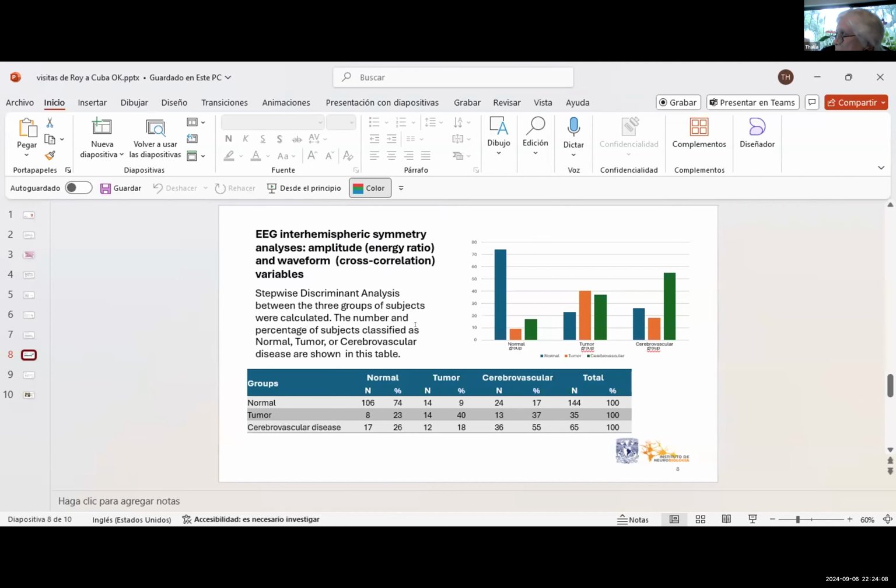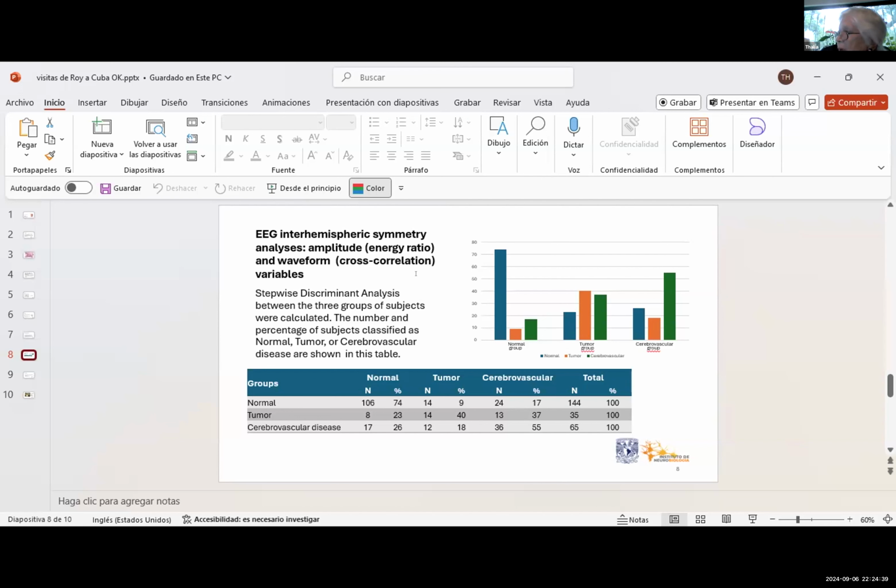The results of this discriminant analysis, which is stepwise, work like this: it takes out the subject that is going to be classified and calculates the discriminant equation with the remaining subjects. Then the result of this equation is applied to the subject that was not included in the calculation.